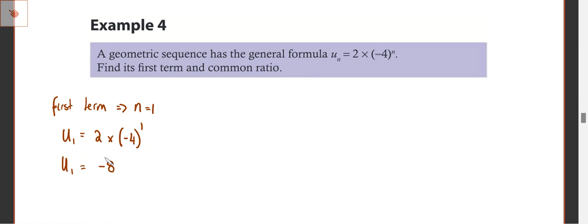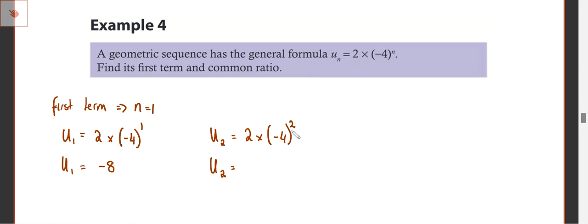Now to find the common ratio, that's what we multiply by every time, yeah? So is it worth finding the second term and the third term to do that? If I can find the second one, I can work out what I need to multiply by, yeah? So let's find u2. u2 is 2 times -4 to the power of 2.